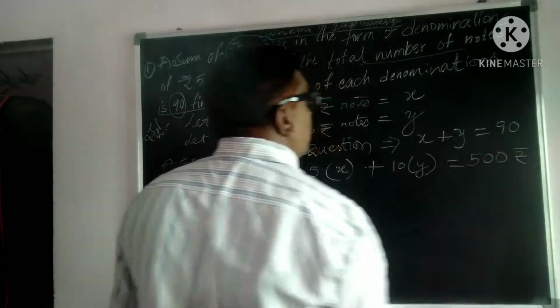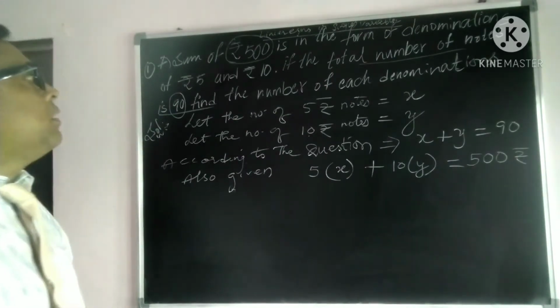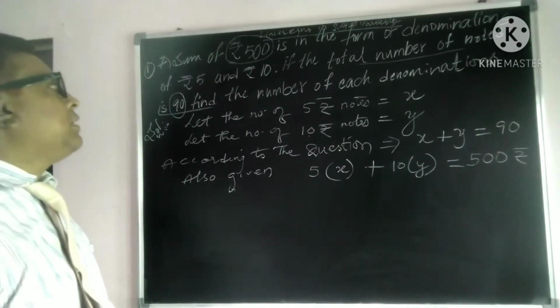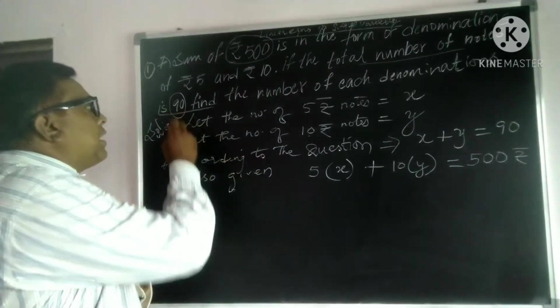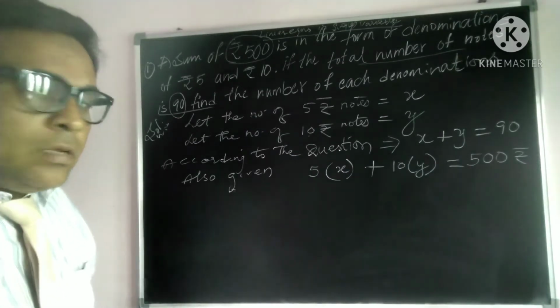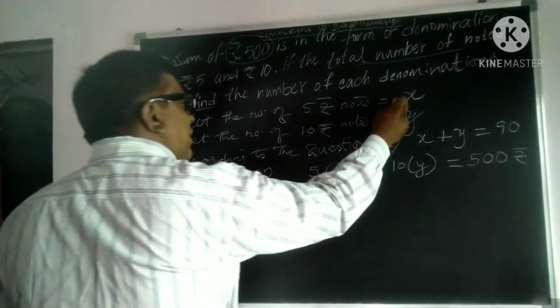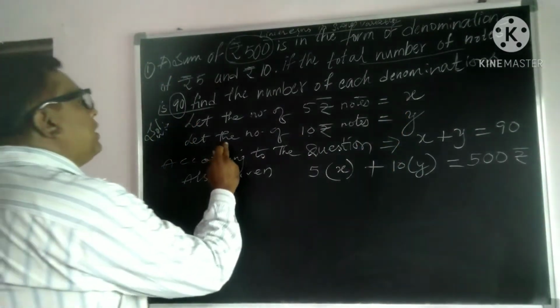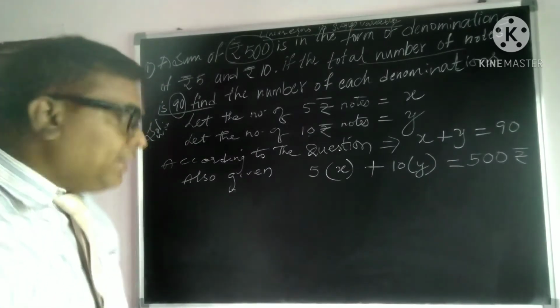Once again I am explaining the question. A sum of 500 rupees is there in denominations of 5 and 10 rupees. If the total number of notes is 90, find the number of each denomination. We take the number of 5 rupees notes as x and the number of 10 rupees notes as y.